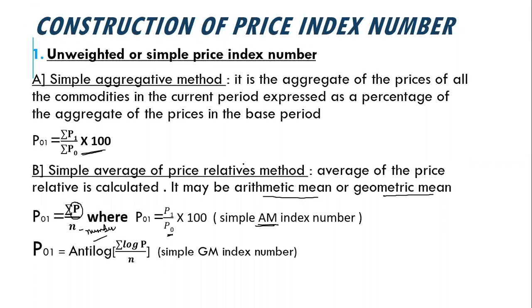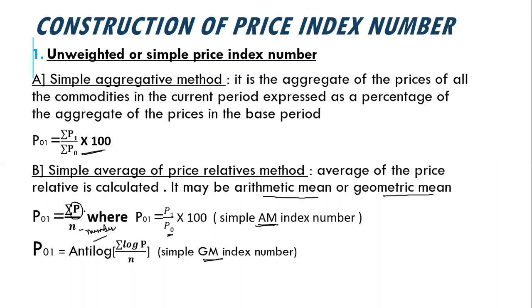Now when you calculate the index number based on geometric mean, here there is a little difference: we need to use the log table. Now we should know how to see the log table. So here also, with the same value, in arithmetic mean we find summation P. We find the price relative of each commodity.